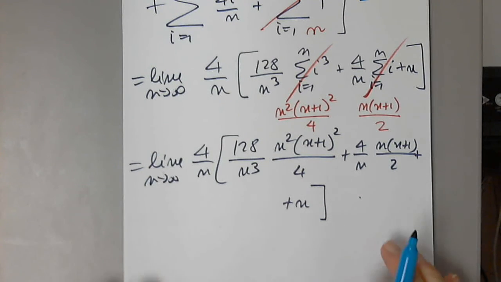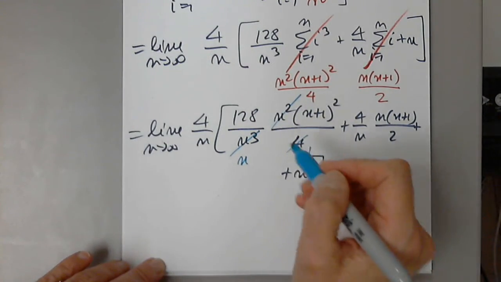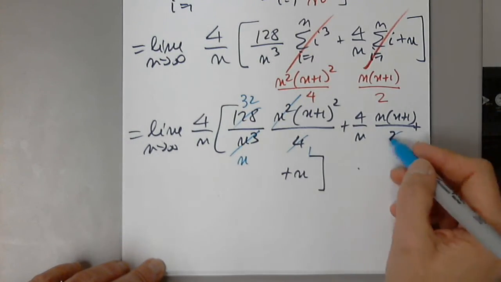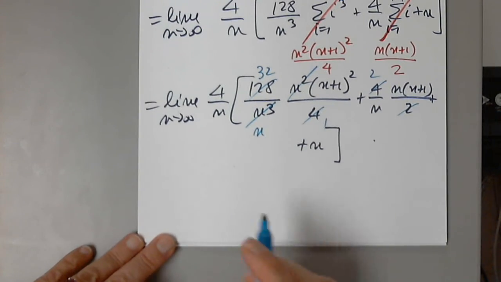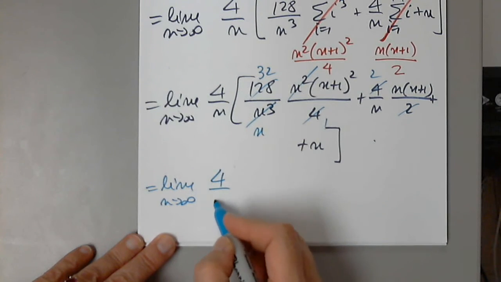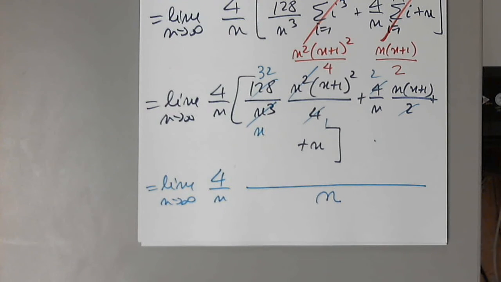So then, these 2, these, so I have 32, these, so I have the limit as n approaches infinity 4 over n. The least common denominator is n. I have 32 to distribute to n plus 1 squared.